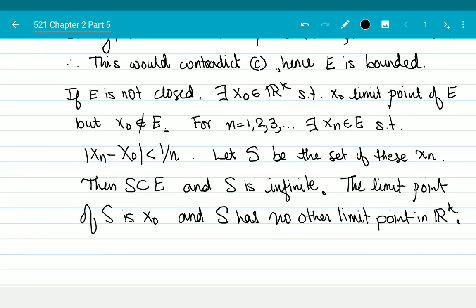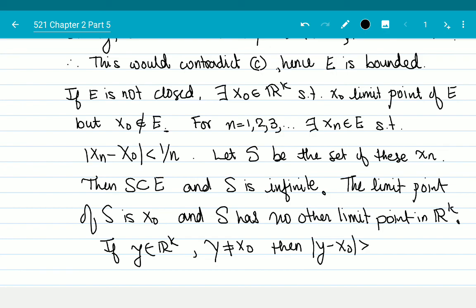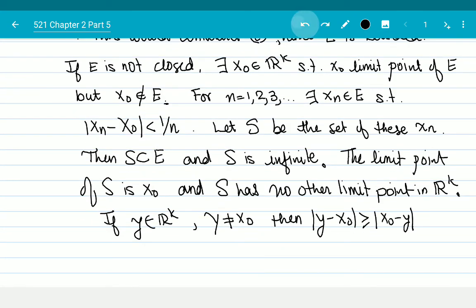Well, if there was another limit point y, which is not equal to x naught, if y belongs to Rk and y is not equal to x naught, then they have positive distance: the distance of y minus x naught is greater than 0.